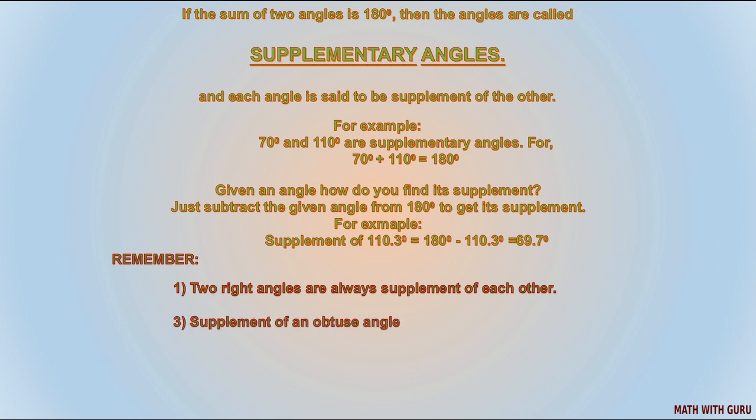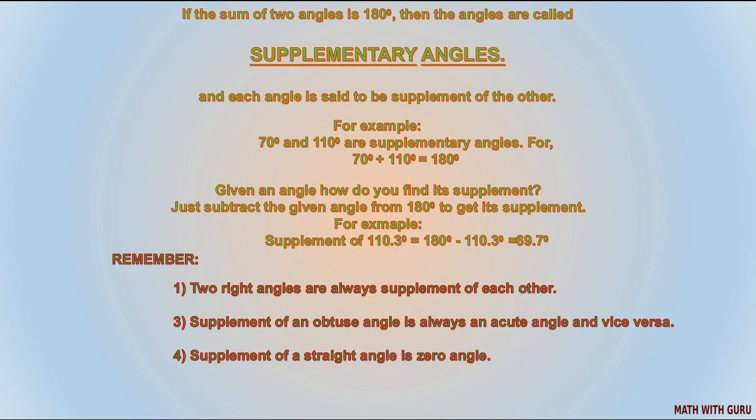The supplement of an obtuse angle is always an acute angle, and the supplement of an acute angle is always an obtuse angle. It's quite obvious. The supplement of a straight angle, that is the supplement of an angle of measure 180 degrees, is zero angle, and vice versa.